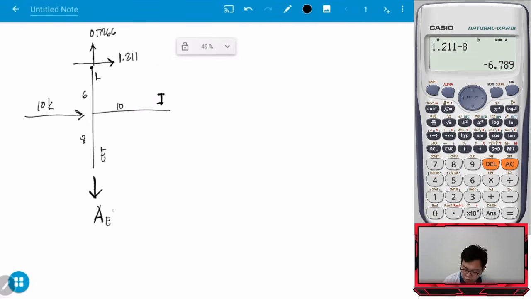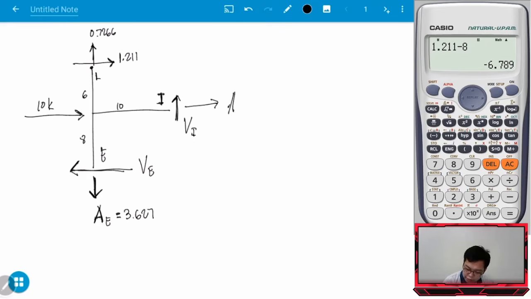Yan. So, this is equal to 3.627. Okay? And then, yun nga, yung shear, siguro, assume na lang ako na pag ganito. So, this is VE. And then, same pa din, meron tayong VI, at saka meron tayong axial I dyan.